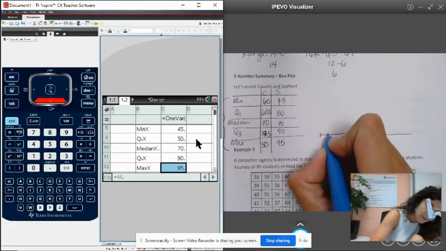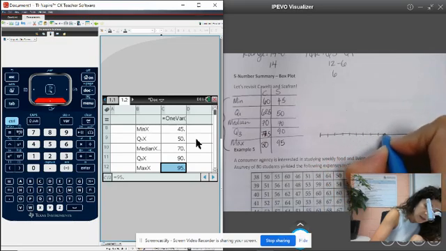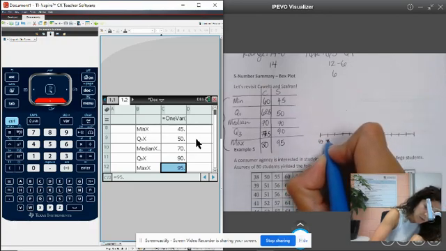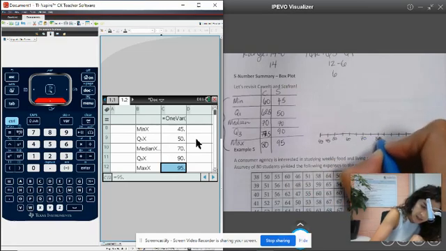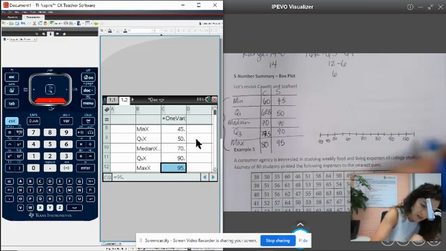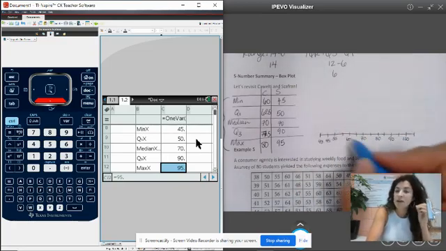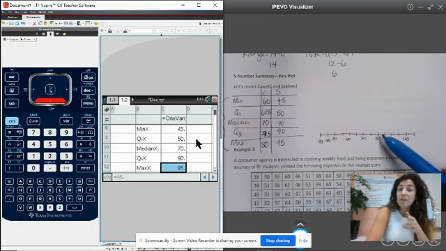So if I do 40, 45, 50, 60, 70, 80, 90, 100, then that will represent all of these numbers. I'm going up by 5s, but I just skipped every 2 to go up by 10.